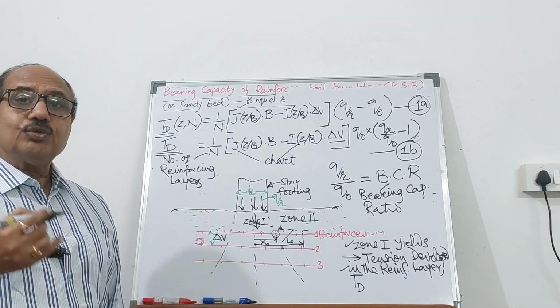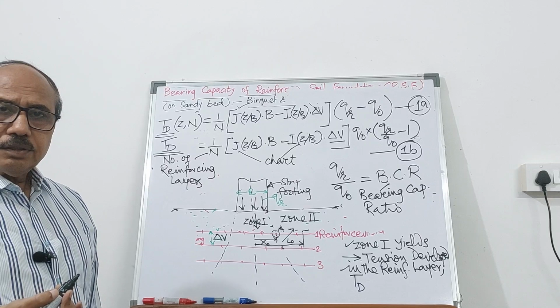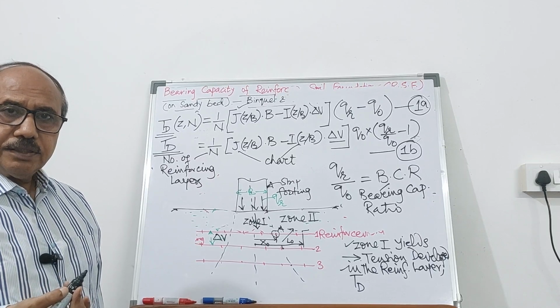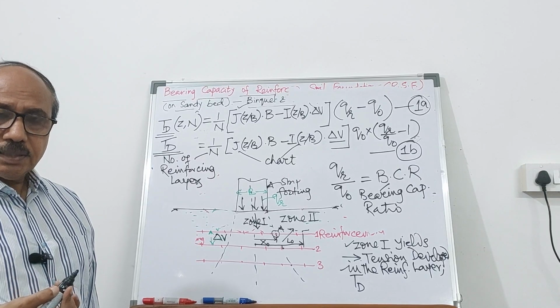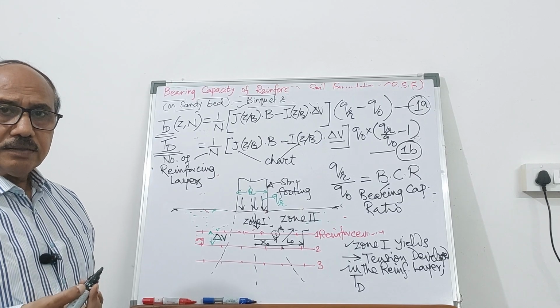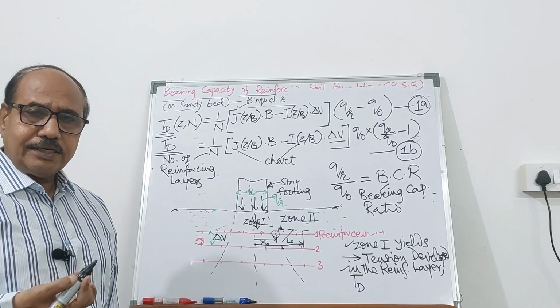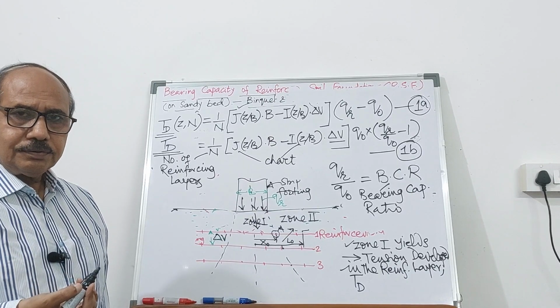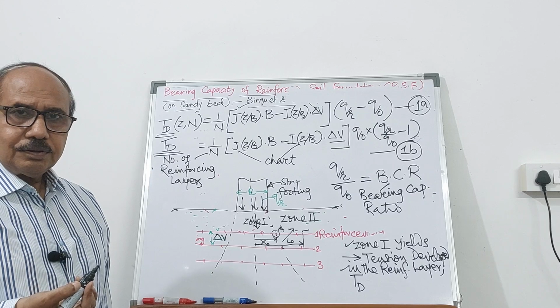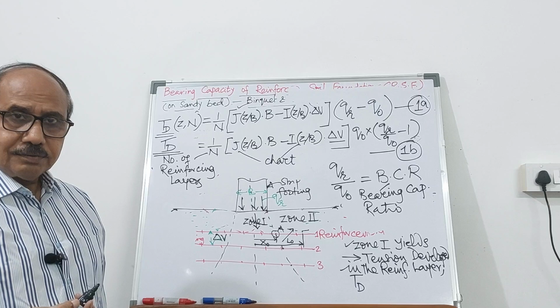Now, once you are able to compute the tension developed in the reinforcement, you can provide, applying a factor of safety. You can procure that reinforcing element, geogrid, geotextile, and you will have to see that it doesn't break.